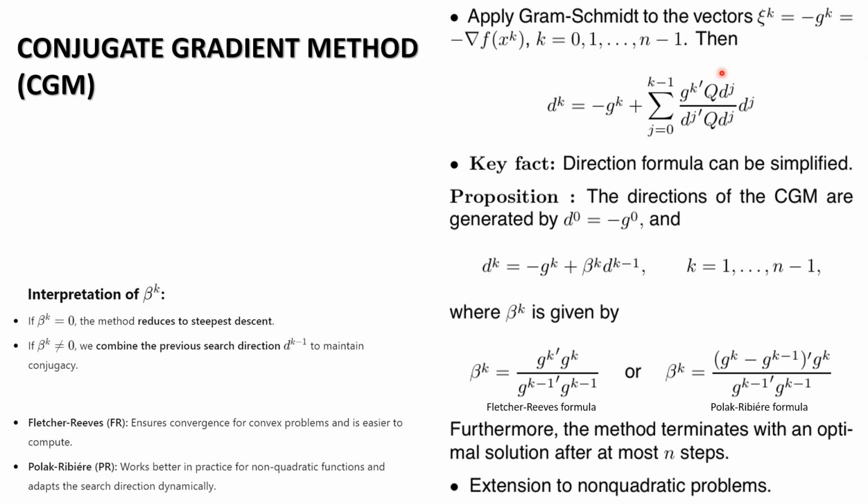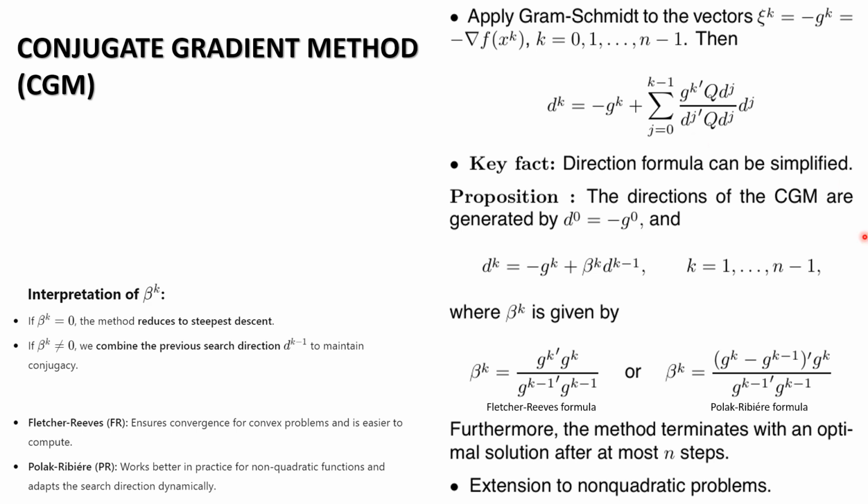Here minus gk is a new steepest descent direction, and the summation term removes any components that are not conjugate, ensuring that dk remains a Q orthogonal direction. This approach avoids the zigzag behavior of steepest descent, leading to faster convergence.